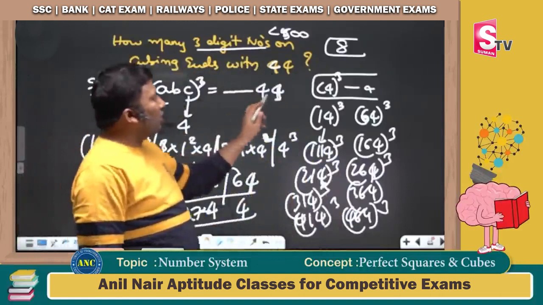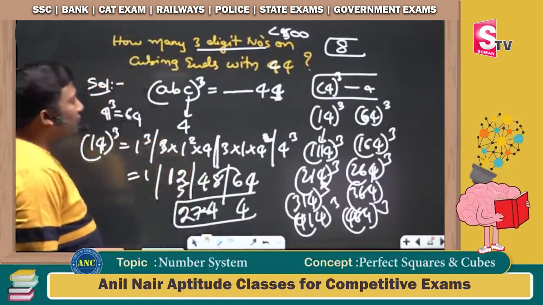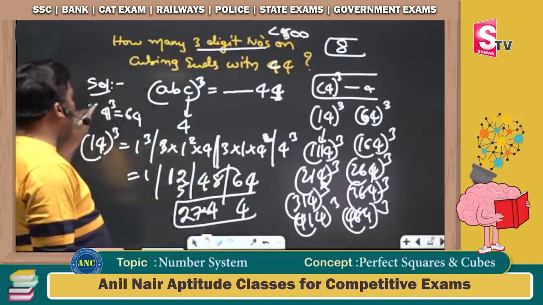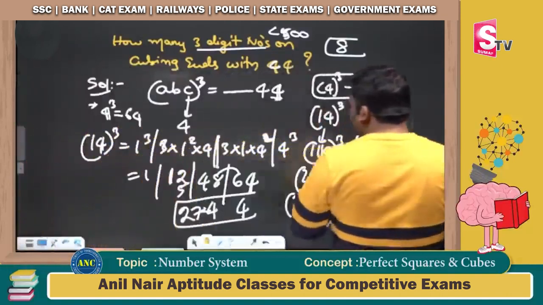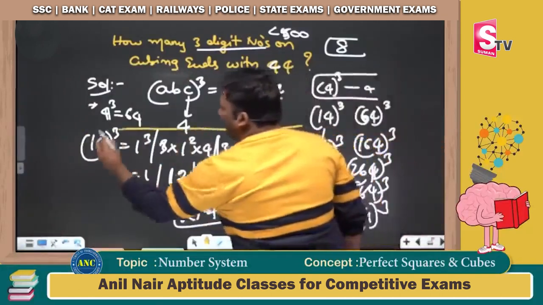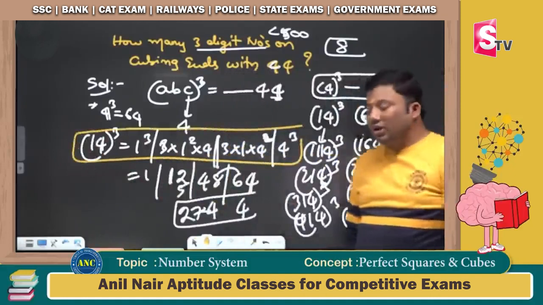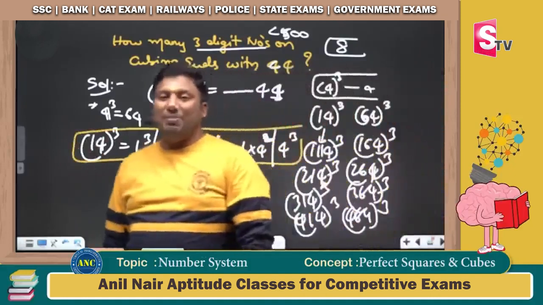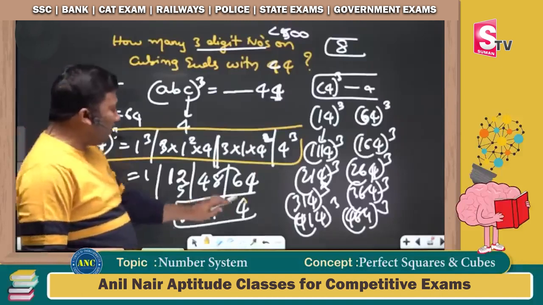Which number on cubing will give 4 at the end? 4 cube is 64. Then I did 14 cube. Just to solve the problems easily, that is the reason I did a plus b whole cube, which is a cube, 3a square b, 3ab square and b cube. So 14 cube I got 2744.